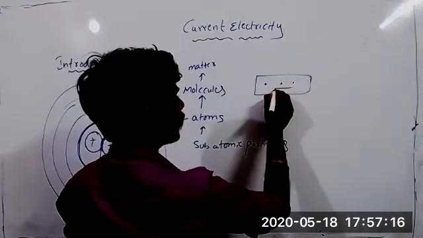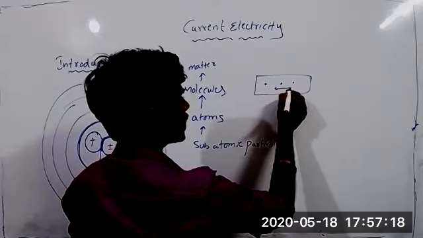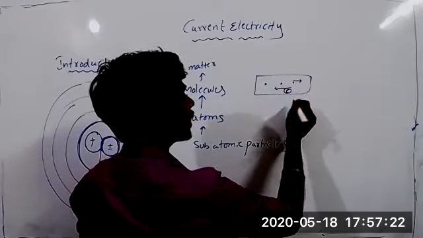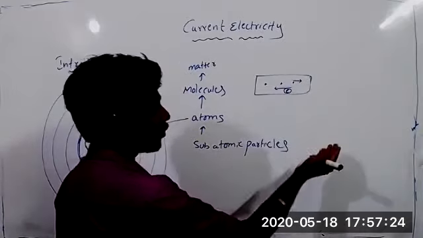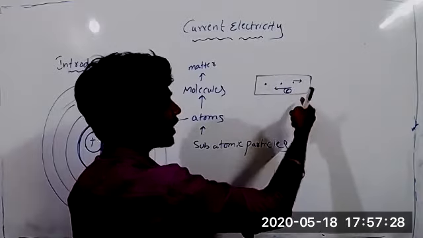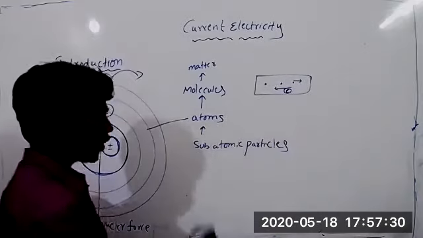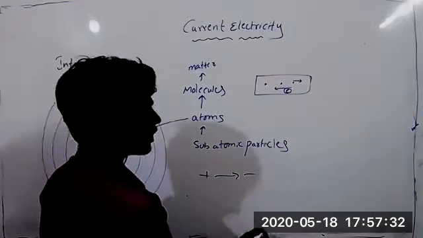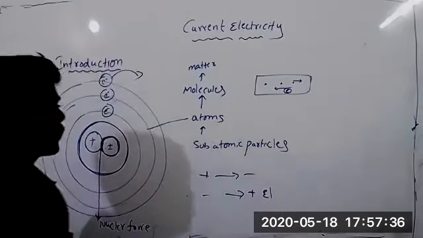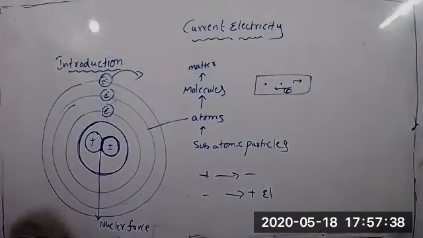When the electron is moving in one direction, you will feel that the proton is also moving in the opposite direction. Actually, protons cannot move, but it appears like that. That is the reason for conventional current. So positive to negative is conventional current, negative to positive is electrical current. There are two types of current. Do you understand what is current?